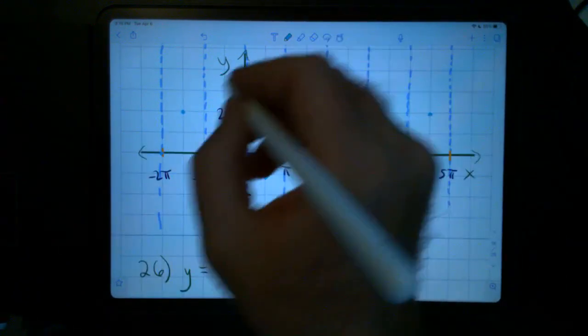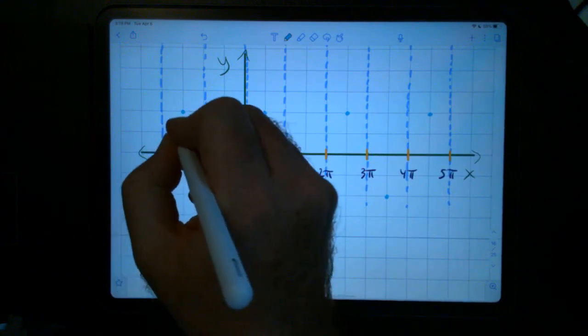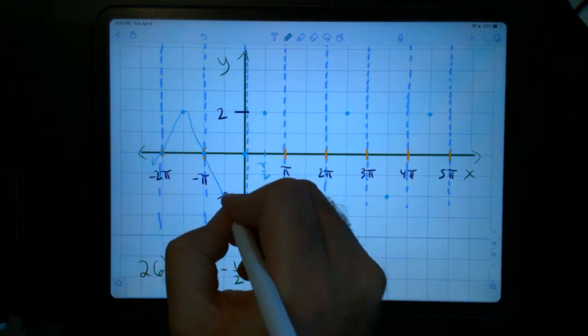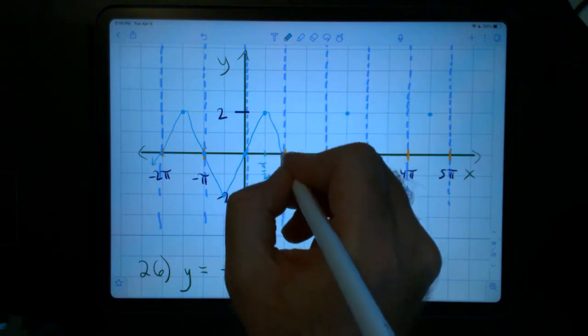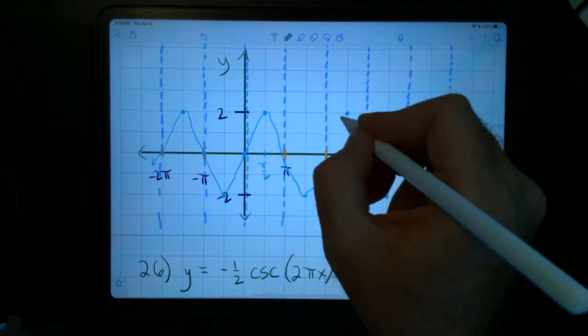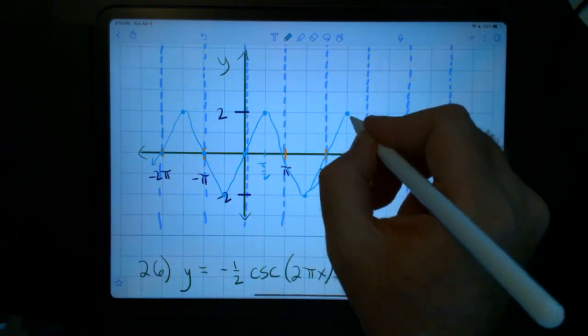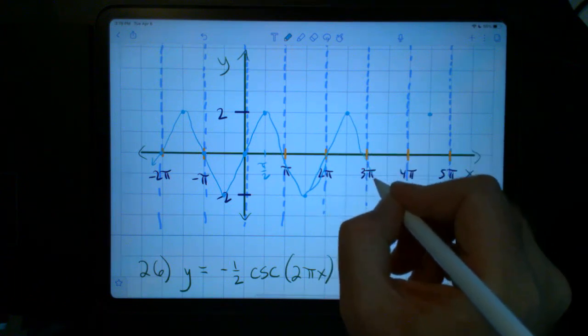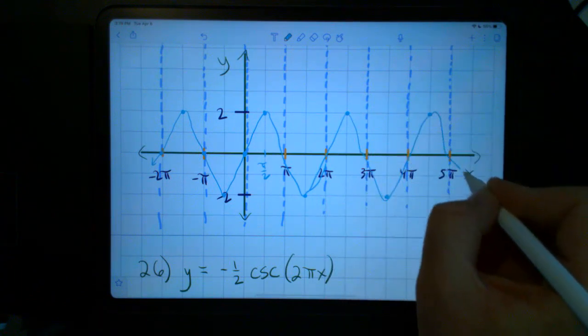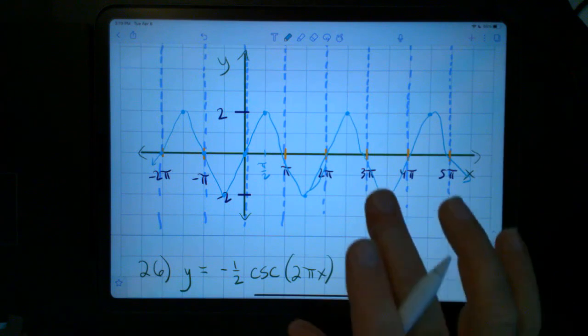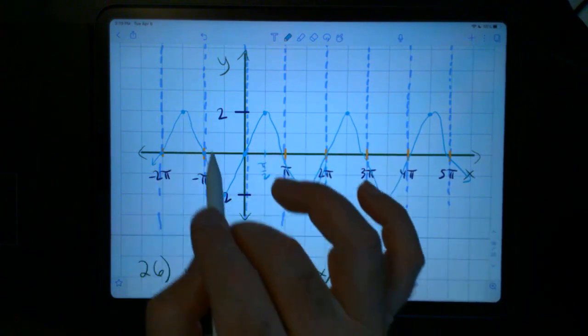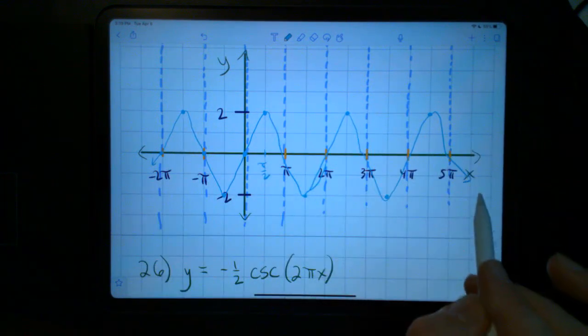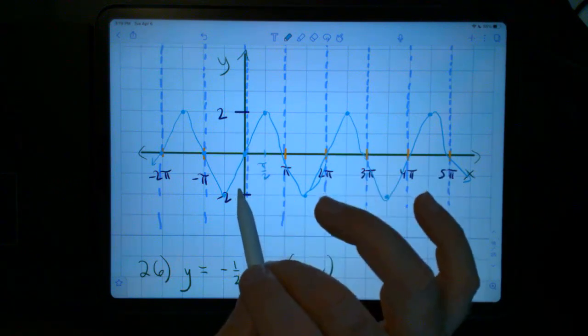Okay. And then connect the dots. I guess I could have spaced this out more. So this is y is equal to 2 sine of x. Our amplitude is 2.